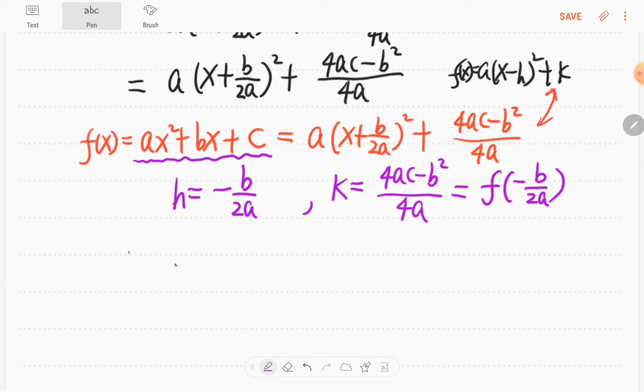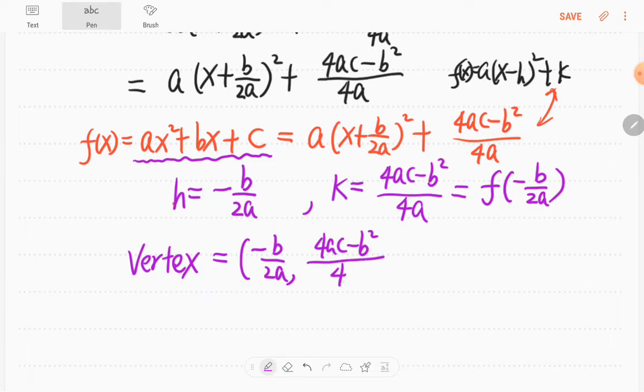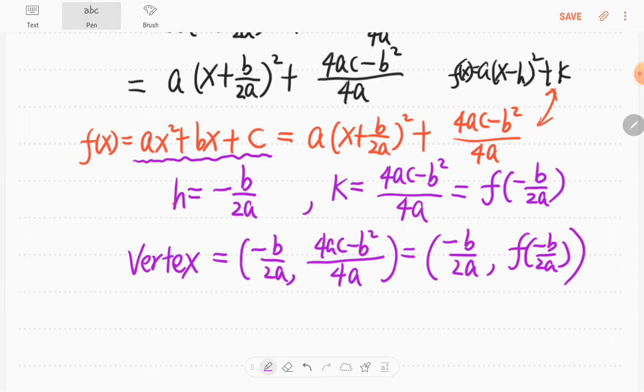So the vertex, you can get directly using these formulas, which is negative b over 2a and (4ac minus b squared) over 4a. Or you can just say x is equal to negative b over 2a, then plug into the function to get the number k.